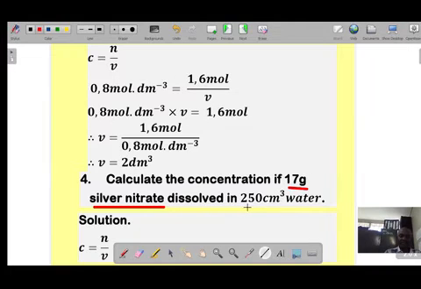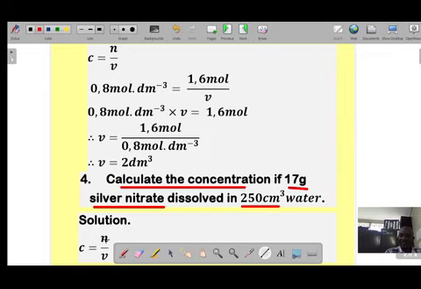Then we have the volume in centimeters cubed. What are we looking for? Calculate the concentration. So C equals N over V. Don't forget our formula, C equals N over V.